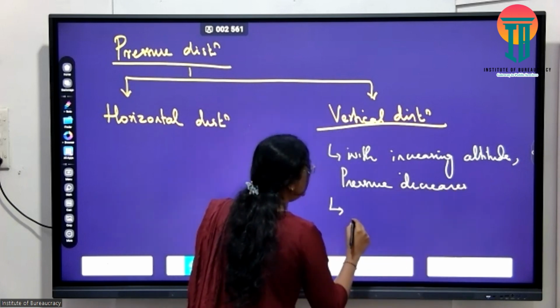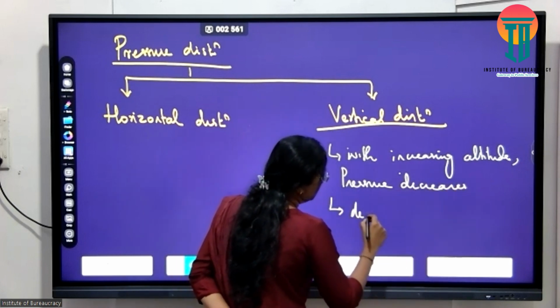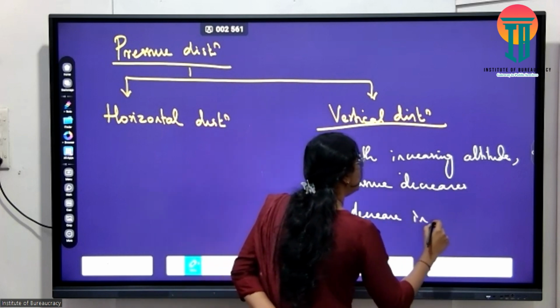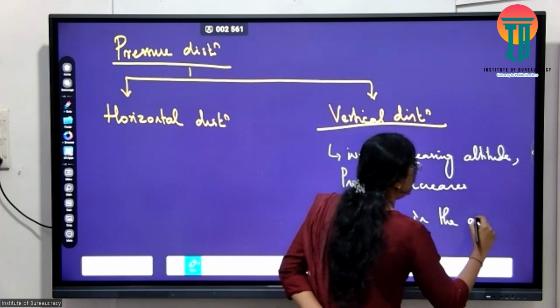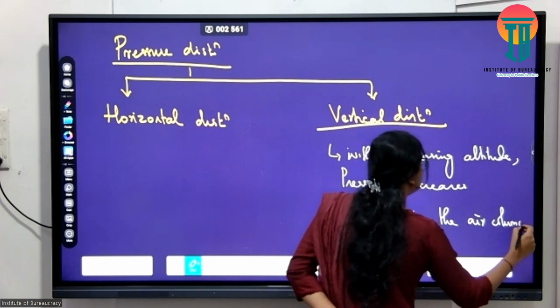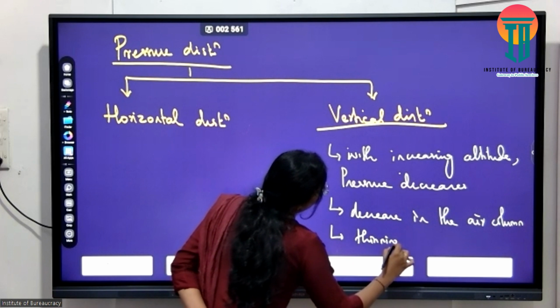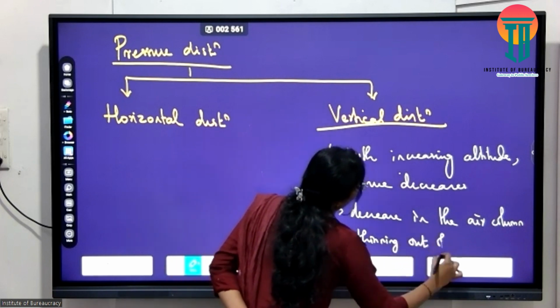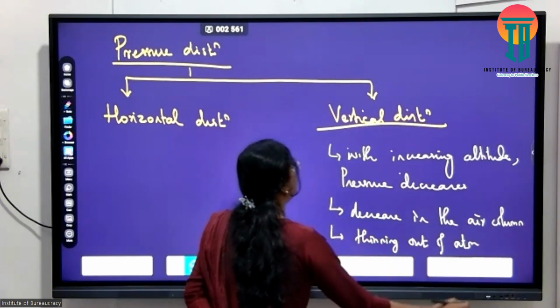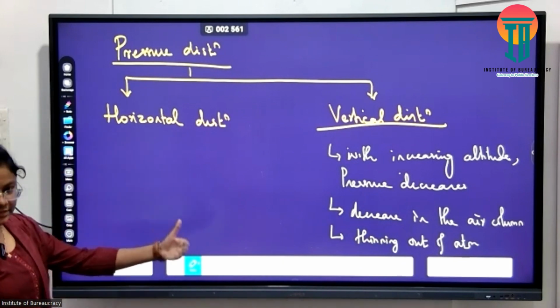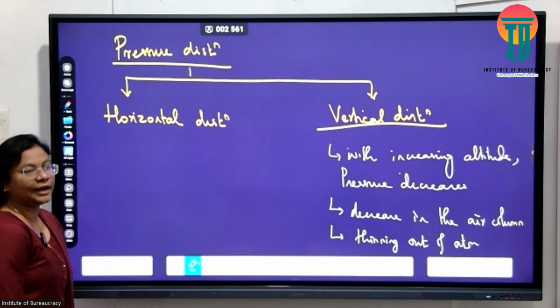The reasons: decrease in the air column, and second factor, thinning out of the atmosphere. The atmosphere becomes less dense when we go higher and higher.